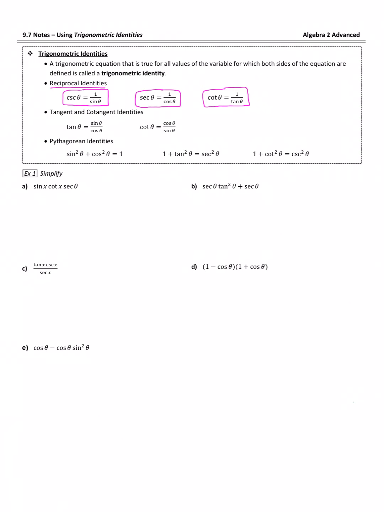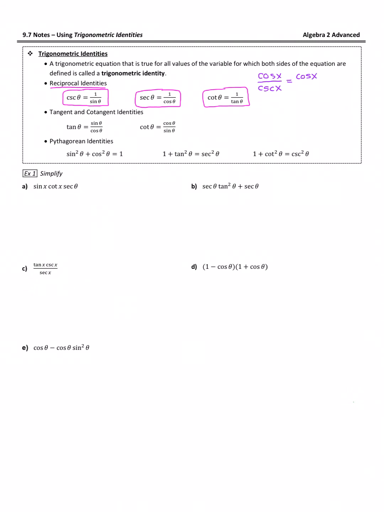Now, having said that, I do want to point out, whenever you see cosecant, I would not necessarily replace it with 1 over sine, especially if cosecant appears in the denominator of a fraction. So for instance, if I saw cosine x over cosecant x, and I wanted to simplify that, well, cosine I would leave as it is.